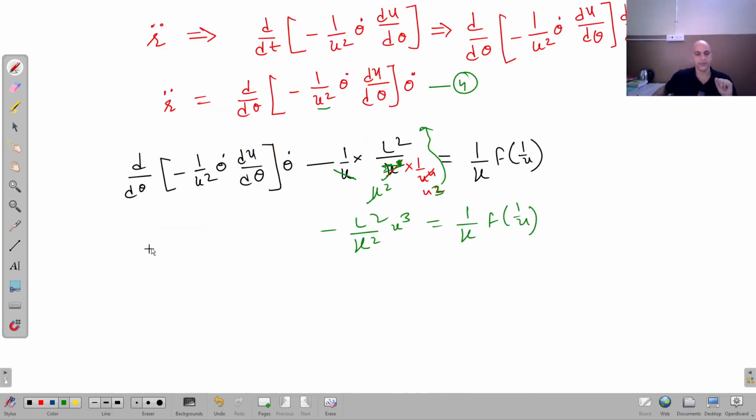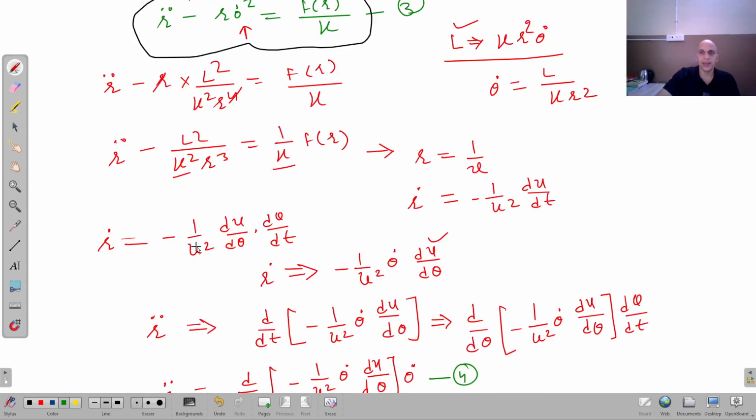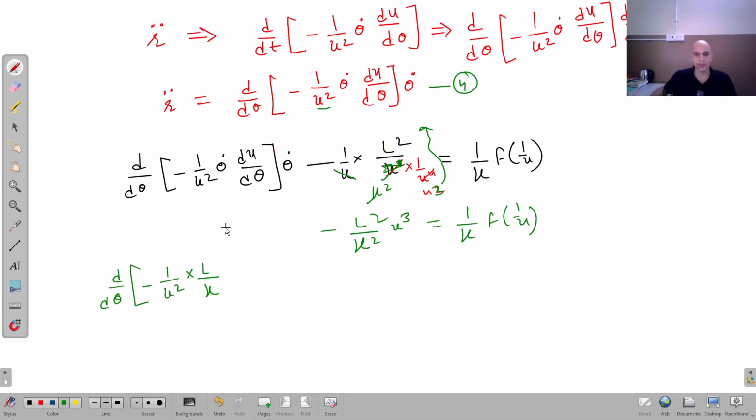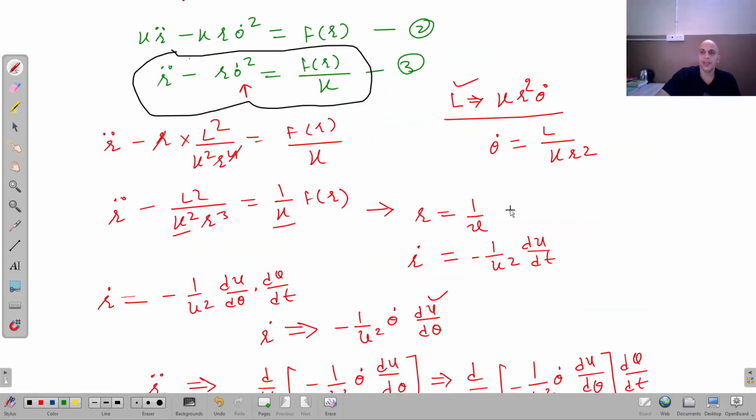So it becomes d upon d theta minus 1 upon u square theta dash, where theta dash is L upon mu r square, that is L upon mu into 1 upon u square, into du upon d theta into again theta dash, L u square upon mu, because theta dash is equal to L upon mu r square.